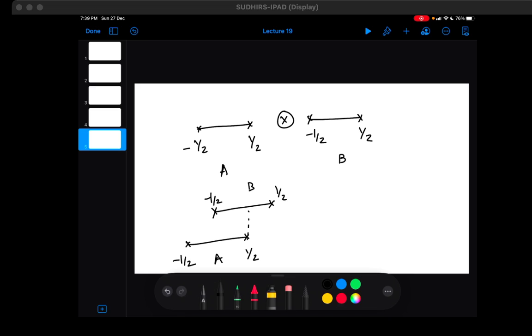Minus half plus half, minus half plus half. This is B and this is A, and this gives me minus 1, 0. Okay, so the addition of the angular momentum of two spin half particles gives me a particle which is minus 1, 0, 1 and another one with a 0.